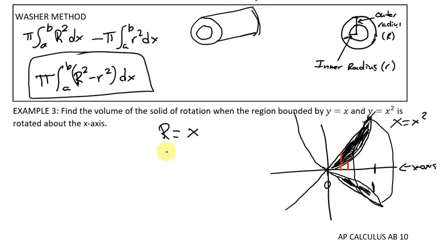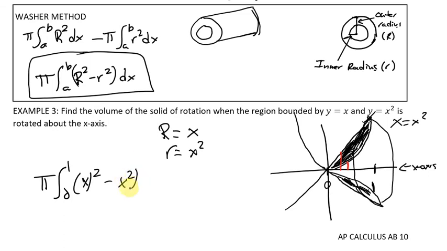So the top function, if we're thinking about the area of the region, is x and the bottom function is x squared. So then we have our capital R and little r. It'd be pi times the integral from 0 to 1 of x squared minus x to the fourth, dx.